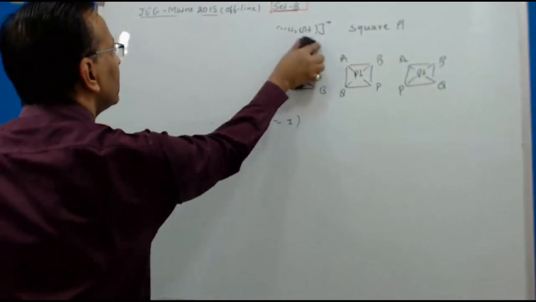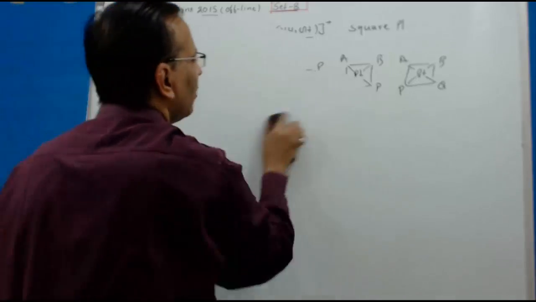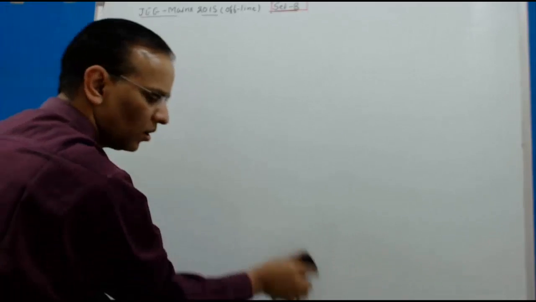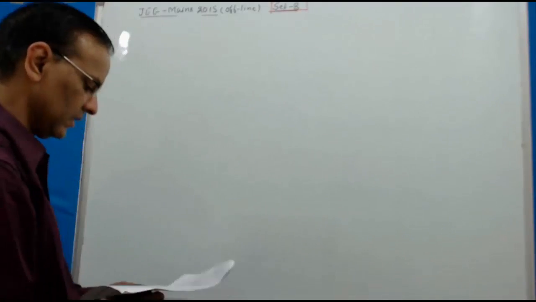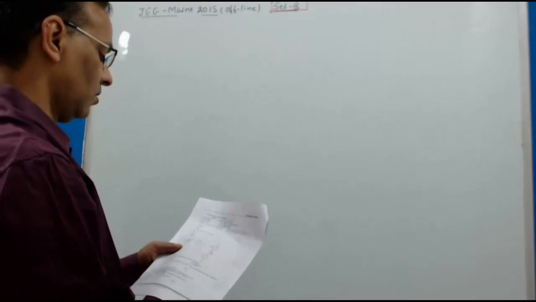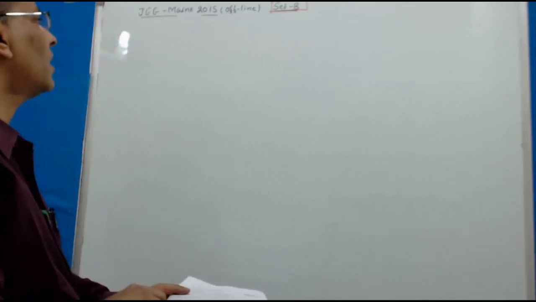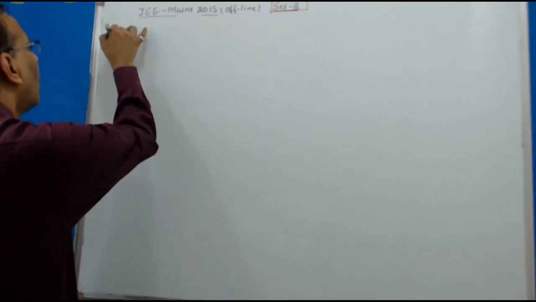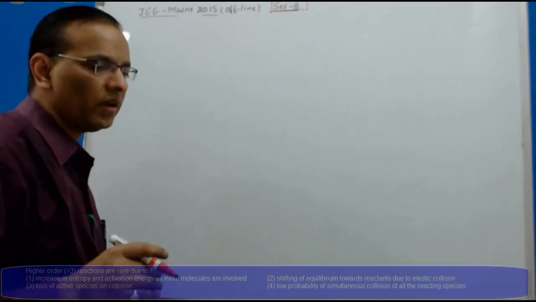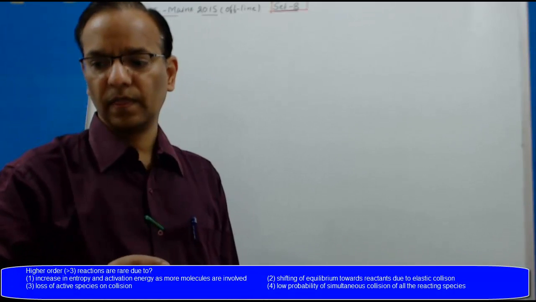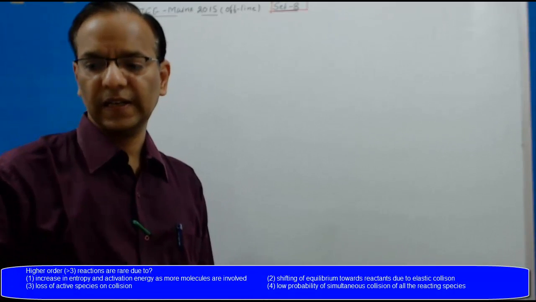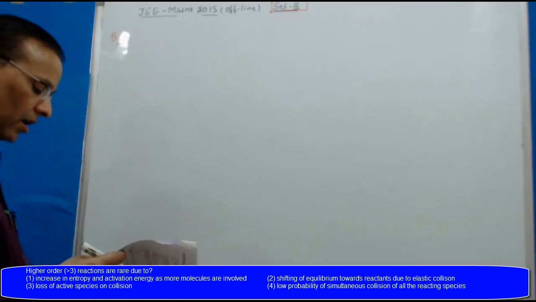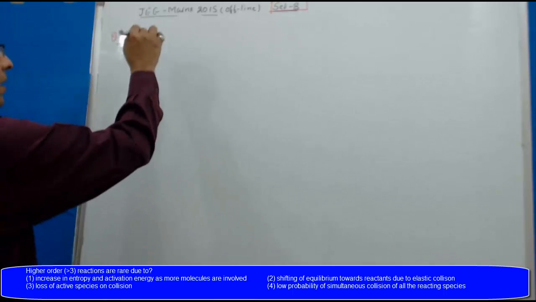क्वेश्चन नंबर 13 is also a very straightforward question which we study in the beginning of chemical kinetics only. In question number 13, it is asked that higher order reactions are rare.